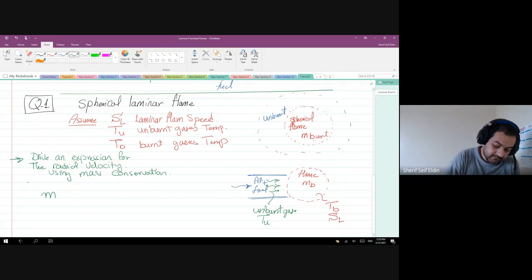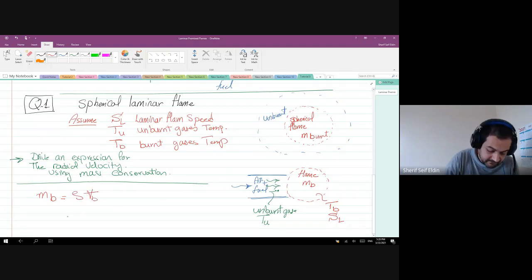The first thing I'm going to do is write the mass of the burned gases of the flame. It's a spherical flame, so the mass is going to be rho multiplied by the volume of the flame.